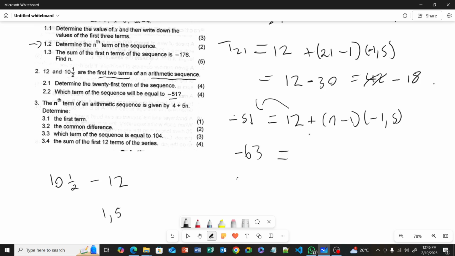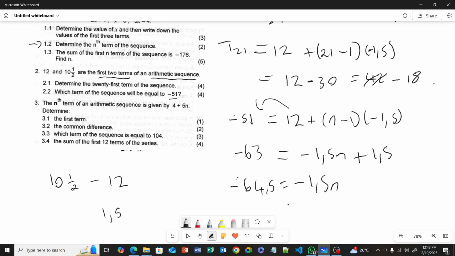Then we will have negative 1,5 n plus 1,5. Right? So when 1,5 goes to the other side, it's going to be negative, so it's going to be minus 64,5, which equals minus 1,5 n.